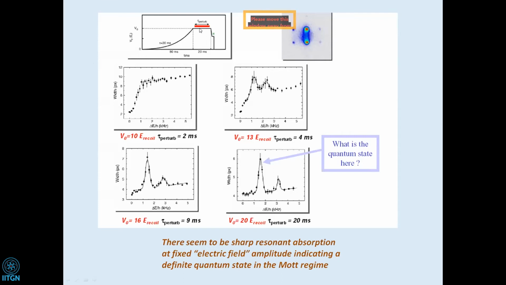Then at the end of these 20 milliseconds, they ramp down the optical lattice and hold it at a value which is 9 times the recoil energy. What it means is that the bosons come back to the superfluid state.